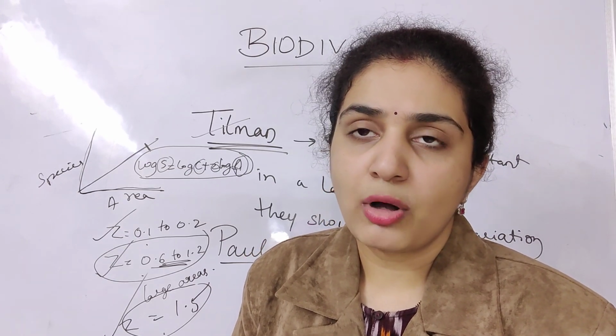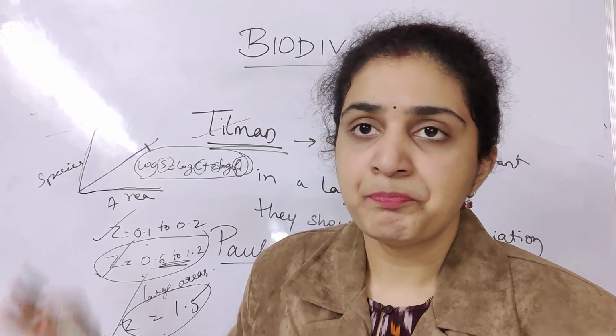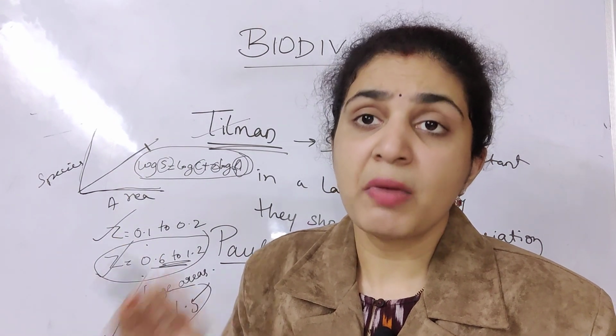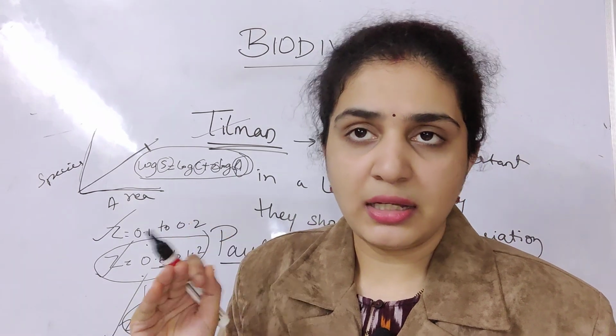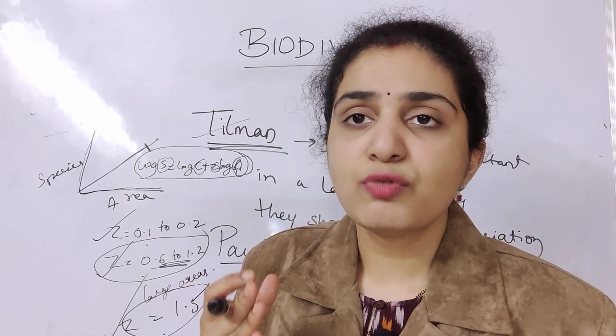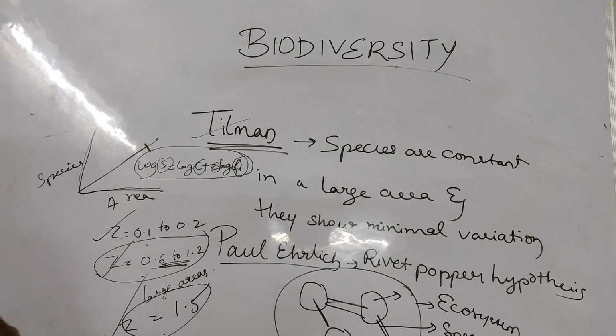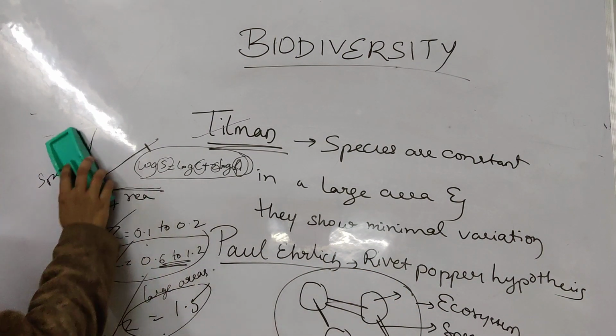Then another important thing that you should remember is relating to Z. We have completed the species-area relationship and patterns of biodiversity. Next we are going to continue with another topic called loss of biodiversity.